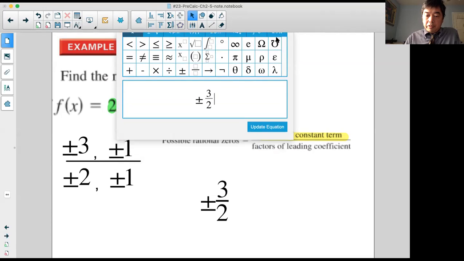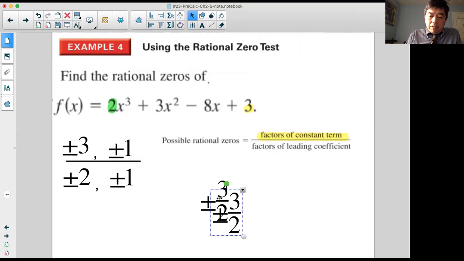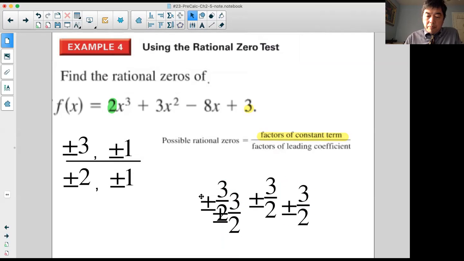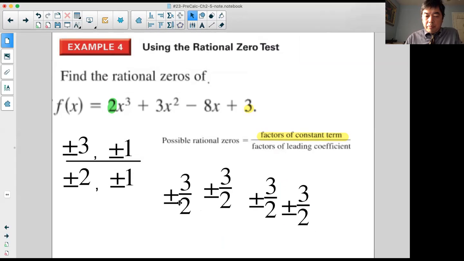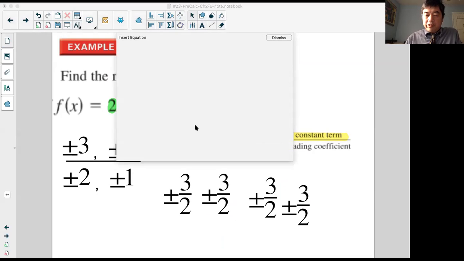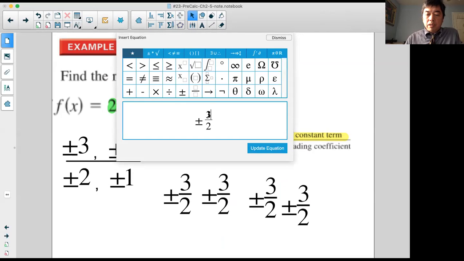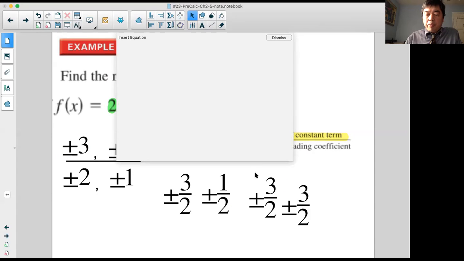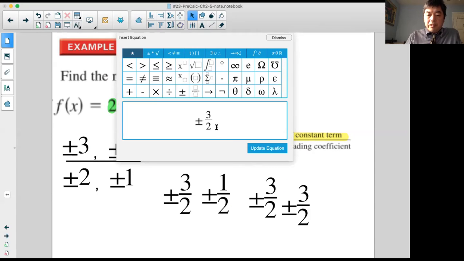Sorry, let's copy first. So 3 over 2 is one of the possibilities. Next one is 1 over 2, plus minus, right? So it's going to be 1 over 2 here. Now, let's see. 3 over 1, which is 3. So I write down this one, plus minus 3.